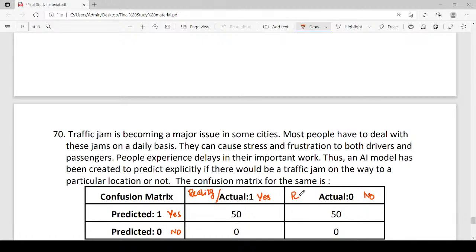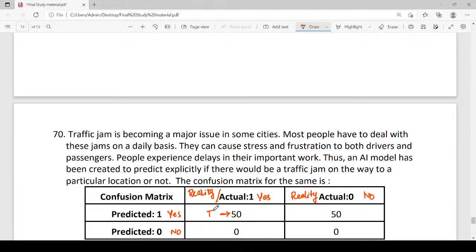Okay. So here tell me, I am going to point at something. You are going to tell me what is it? What condition is it? True positive, false positive, true negative or false negative. What is this? The first 50 in this column. I am pointing the first arrow in orange color.